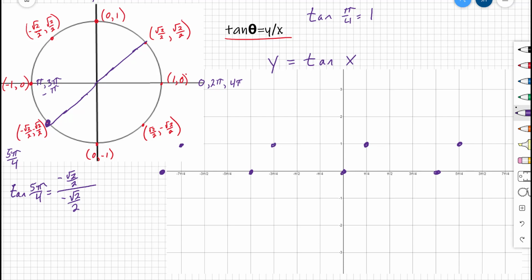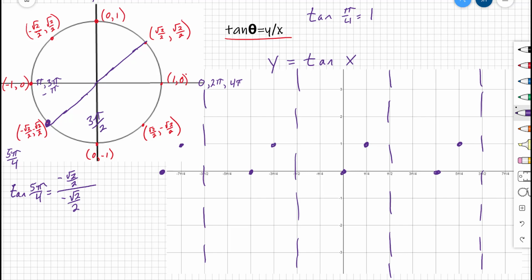So at pi over 2, we're going to have a vertical asymptote, and the same for negative 3 pi over 2 because they're coterminal. And if we look down here at 3 pi over 2, the only difference is that it's negative 1 divided by 0. Well, that's still undefined. So at 3 pi over 2 or negative pi over 2, these are places where tangent is undefined, and that also means there is going to be a vertical asymptote in our graph of the tangent function.